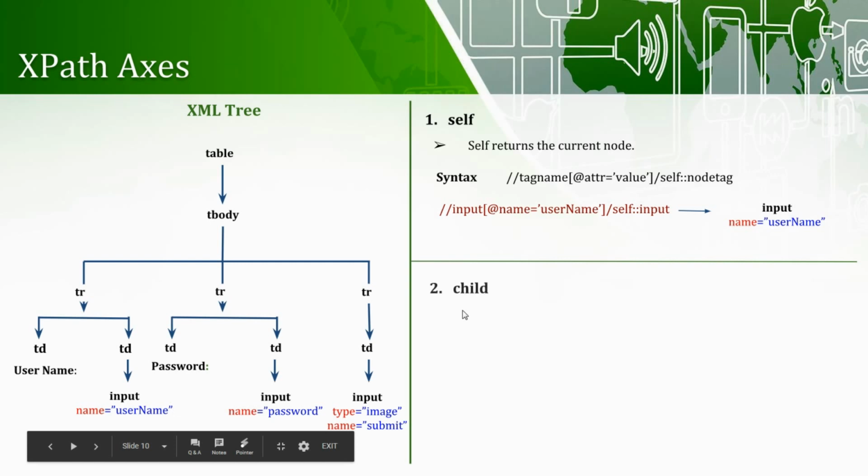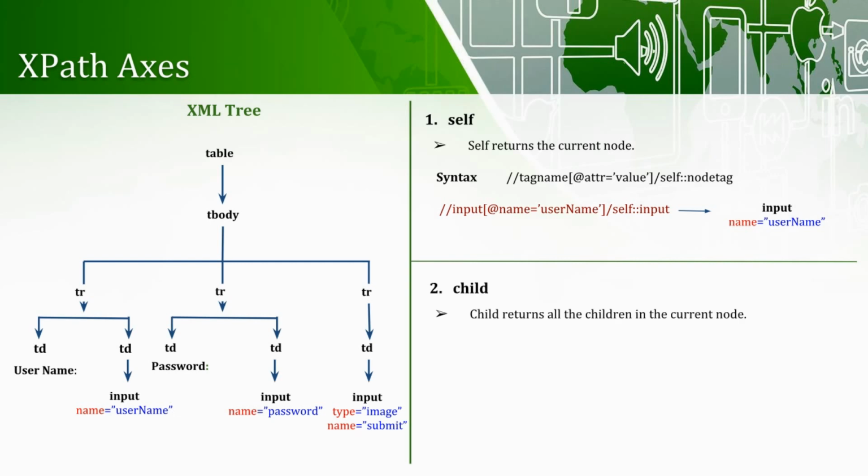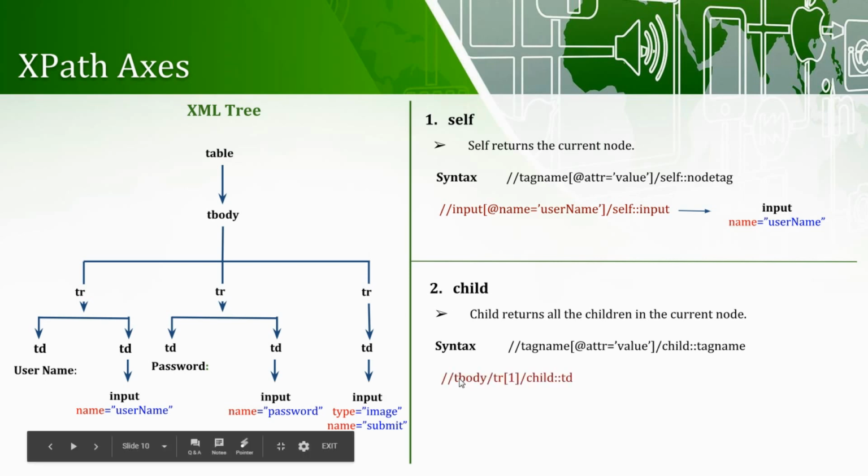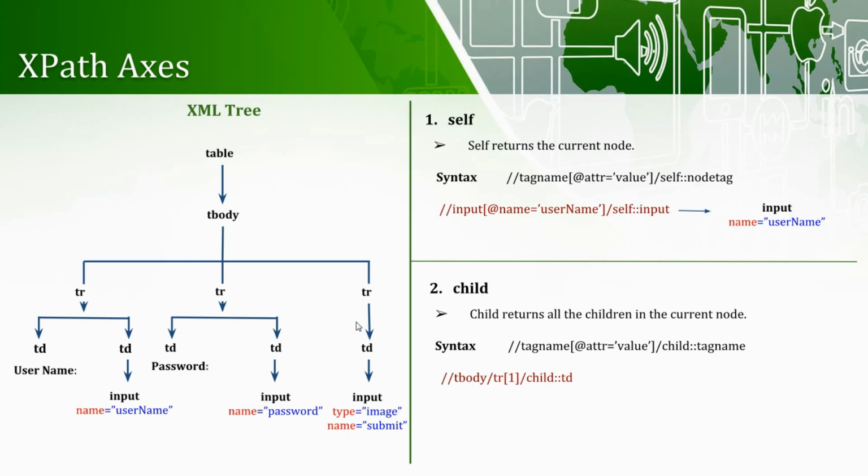The second axis is child. Child will return all the children of the current node. The syntax is similar, just that we have to write child::tagname. Now consider this example where I am saying tbody, so where is the tbody? It is here. Then /tr[1], so I have 1, 2, 3, so I am saying this tr[1].